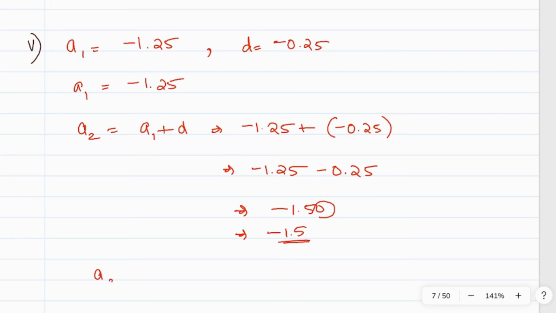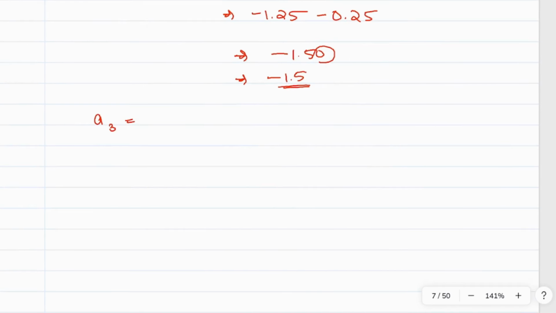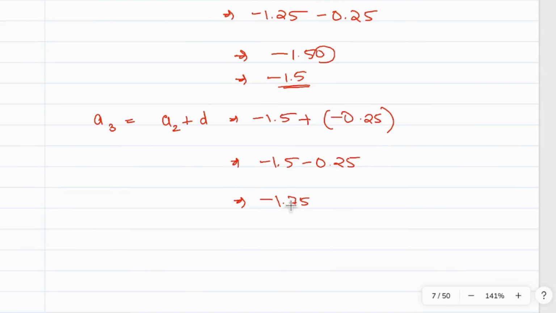Now let's do A3. A3 equals A2 plus D, where A2 is minus 1.5 and D is minus 0.25. So minus 1.5 minus 0.25; again we add the numbers and put the negative sign, which is minus 1.75.